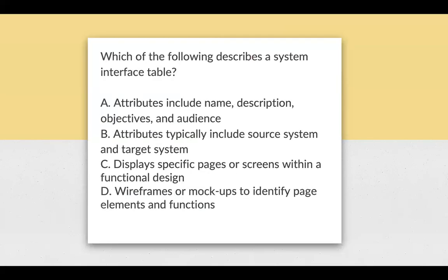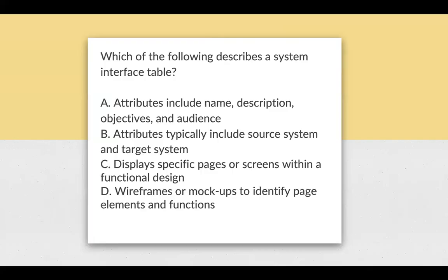Next question. Which of the following describes a system interface table? A. Attributes include name, description, objectives, and audience. B. Attributes typically include source system and target system. C. Display specific pages and screens within a functional design.